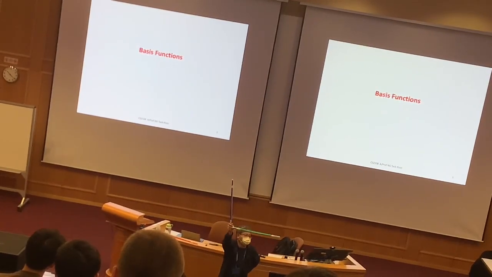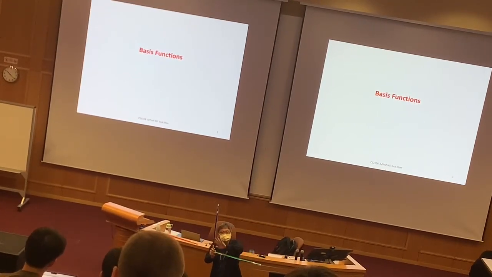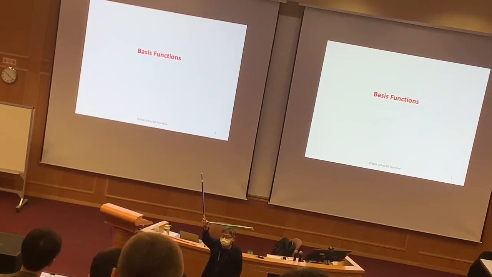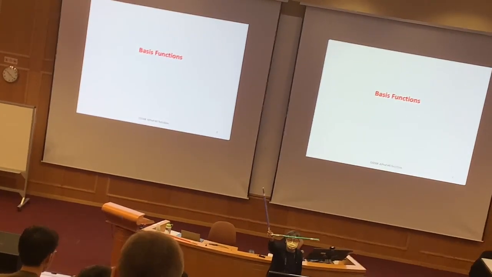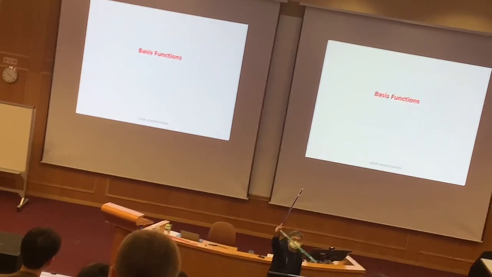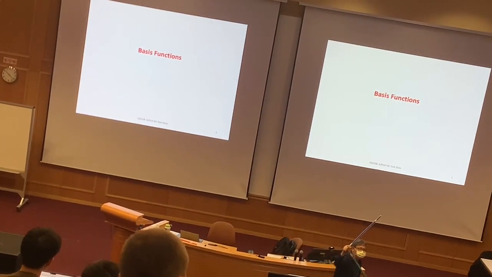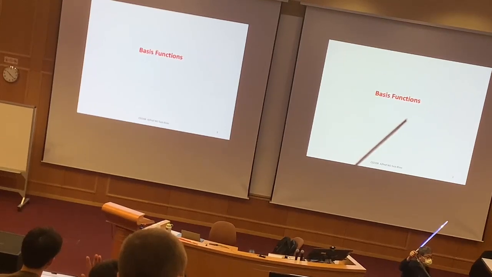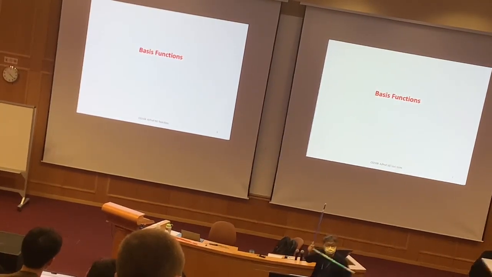And this is a good way to represent all points in the two-dimensional world because these two axes can represent all the points and these two axes are 90 degrees to each other, right? Okay? Now, let me ask you a question. If I rotate it this way, is this still a good basis function, yes or no? Yes, very much so, because it represents all the points and they are 90 degrees to each other, understand?